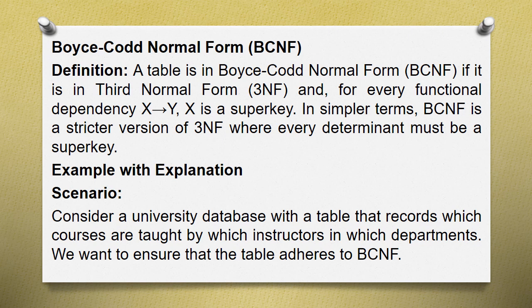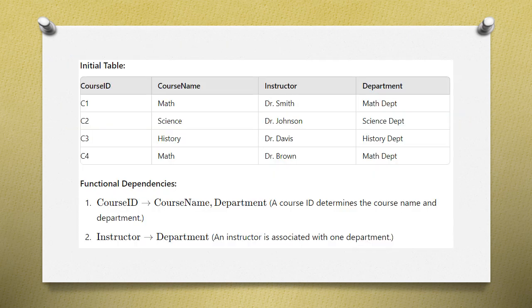Let's try to understand this with an example. Consider a university database with a table that records which courses are taught by which instructor in which departments. We want to ensure that the table adheres to BCNF. Yes. The initial table contains 4 attributes: the course ID, course name, instructor and department, right?